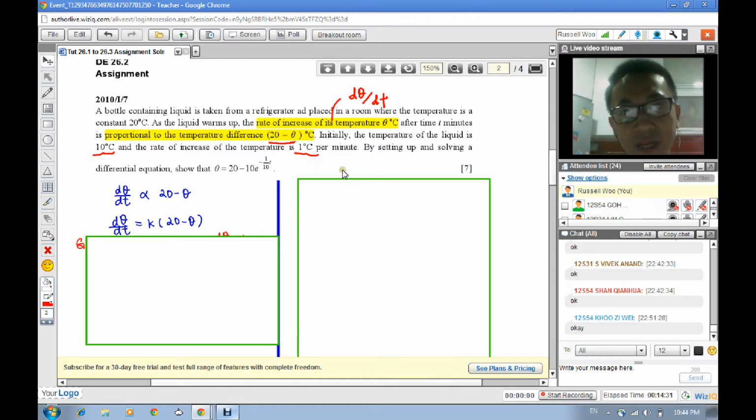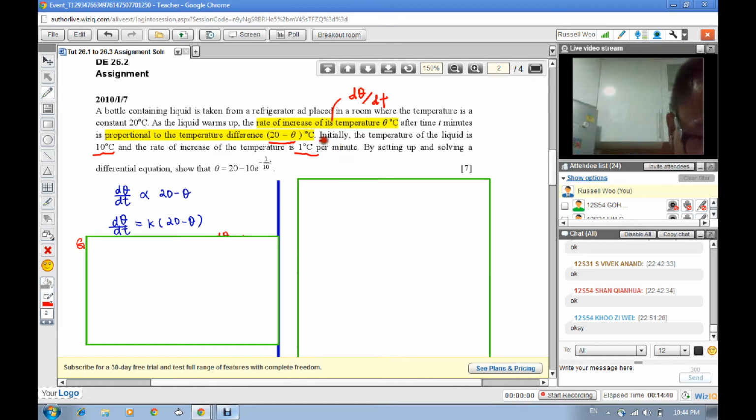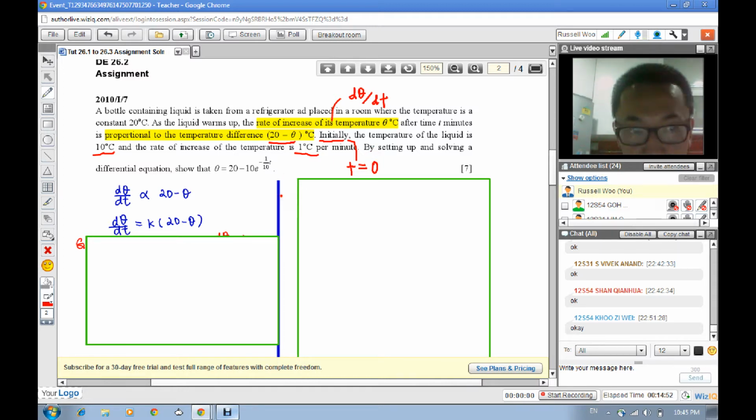It is now given that the rate of increase of the temperature initially. We must also understand this word initially. Initially actually just means at t equals 0. So we must first interpret that.